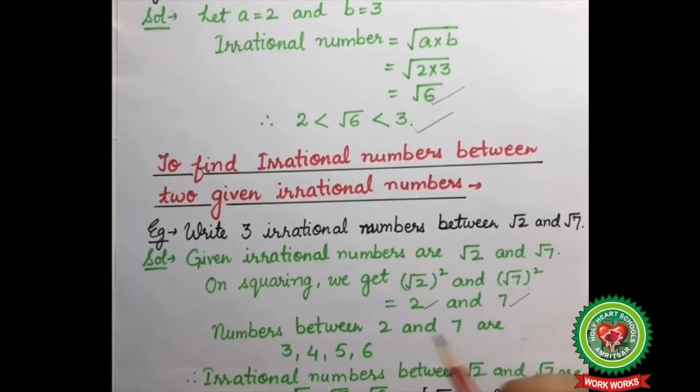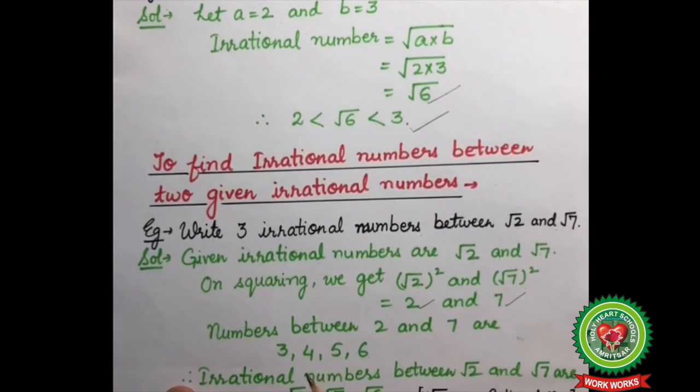Now what are the different numbers lying between 2 and 7? The numbers between 2 and 7 are 3, 4, 5 and 6. Now we are just going to put the symbol of square root on them and we will get the irrational numbers between the given irrational numbers.